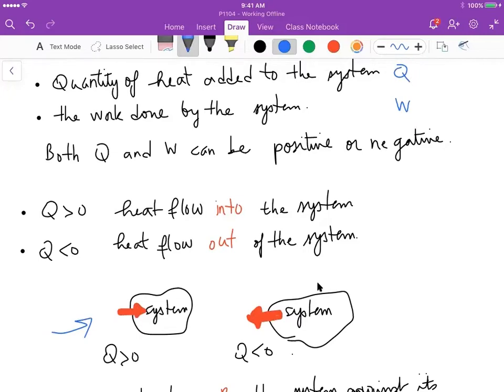So in this case, we say that Q is positive. While if the heat flows out of the system, so in this case, this is your system, and the system is losing heat, providing heat to the surrounding, then we say that Q is negative. In other words, negative heat means that the heat is flowing out of the system, and a positive value of the heat means that the heat is flowing into the system.